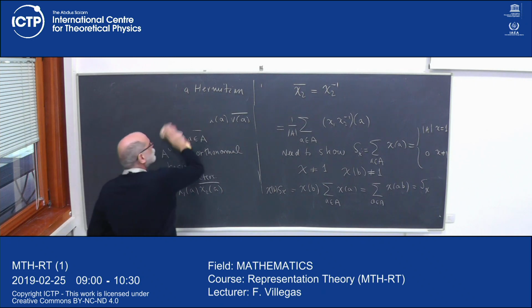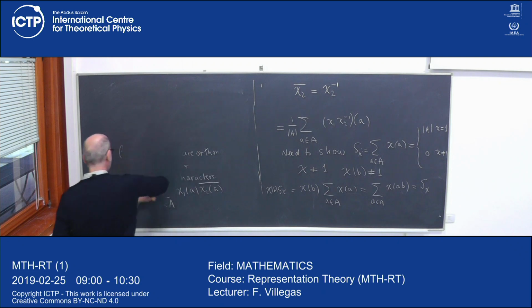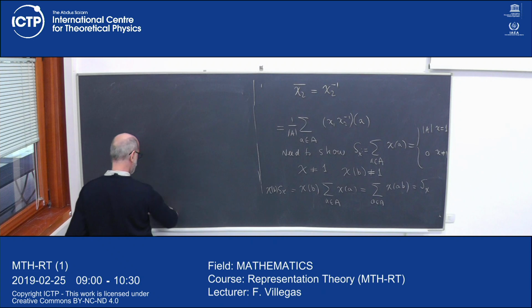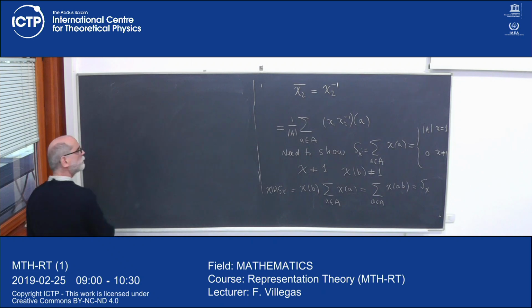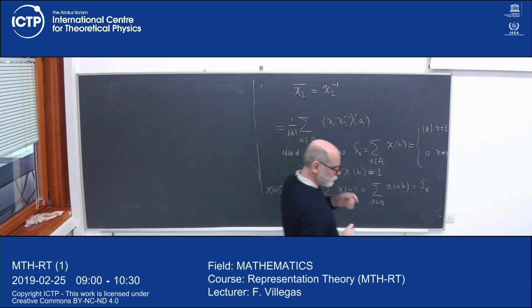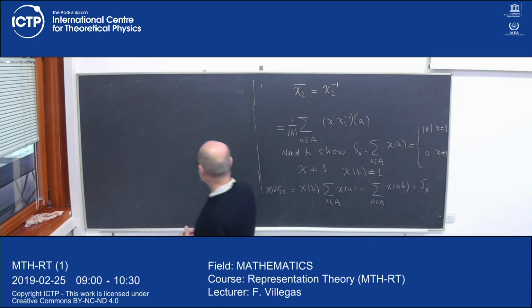So this shows that two characters that are distinct are orthogonal with respect to this product, and the same character with itself has norm 1. So in fact, all I needed was orthogonal, but we scaled it right, and we get an orthonormal basis.